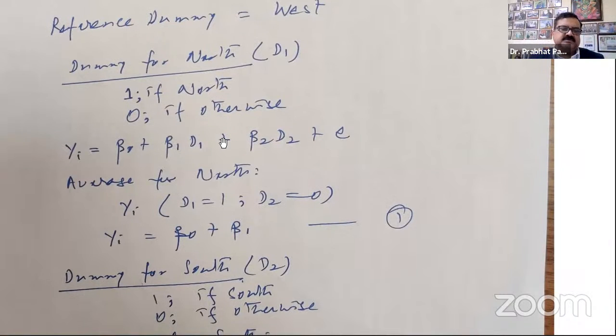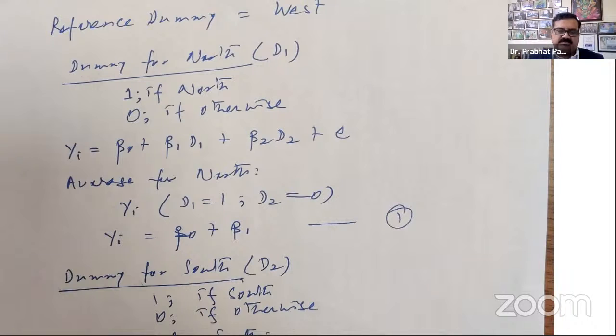This is a generalized equation because two dummies are created. In this equation, we have not considered any X because we just want to see the difference in salary in the three regions. That is our concern.